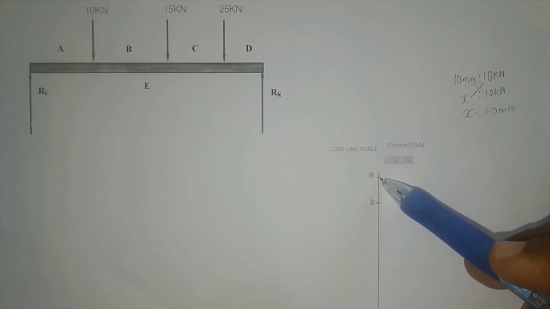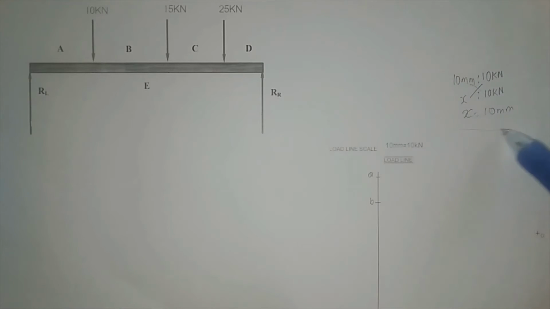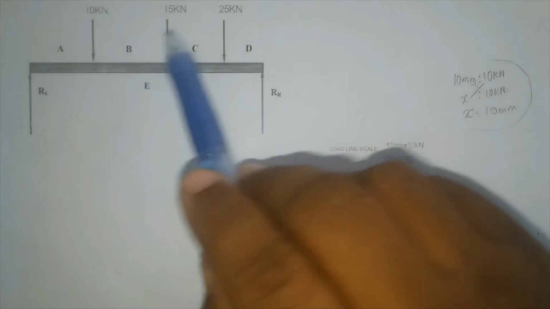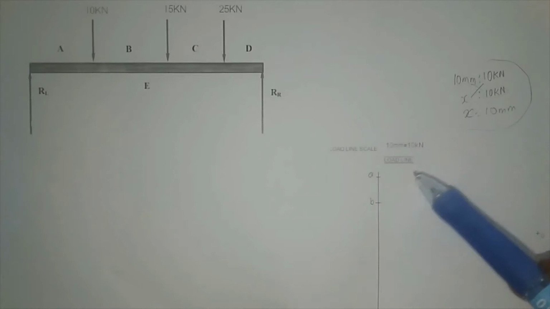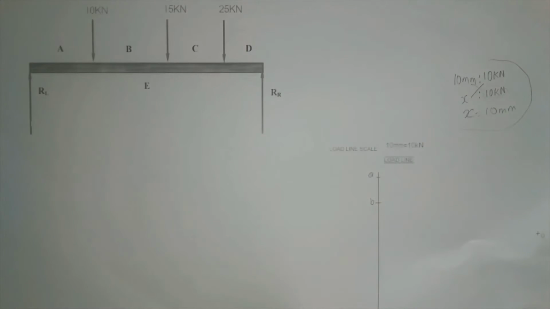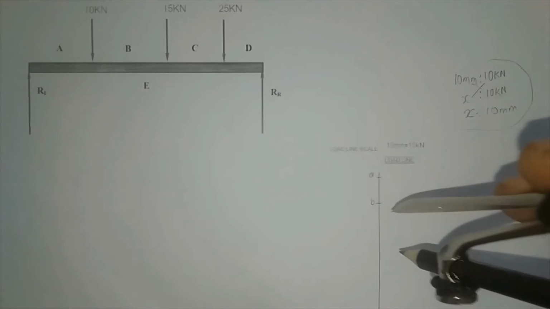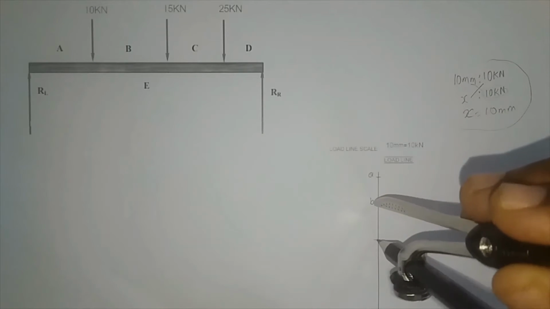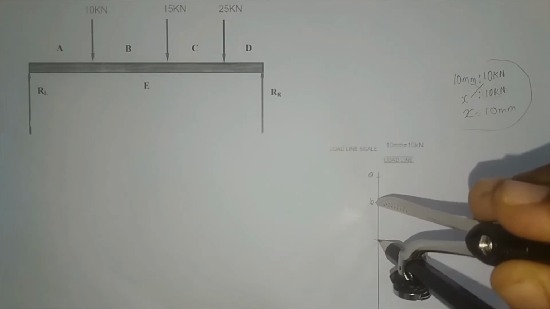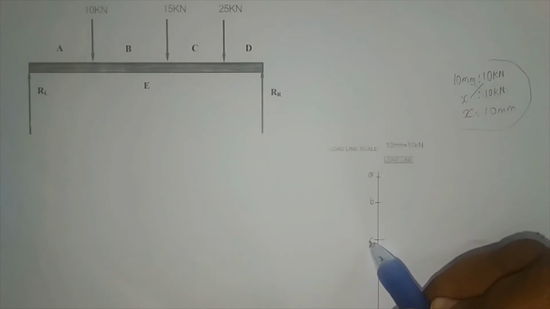It's similar to what you've done from A to B. First, A to B was 10, so you used the value 10 here. In this case B to C is 15, so you use 15 here and cross multiply to get the value of x. So B to C is 15 mm.